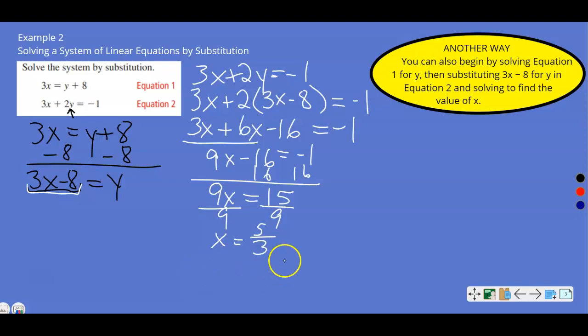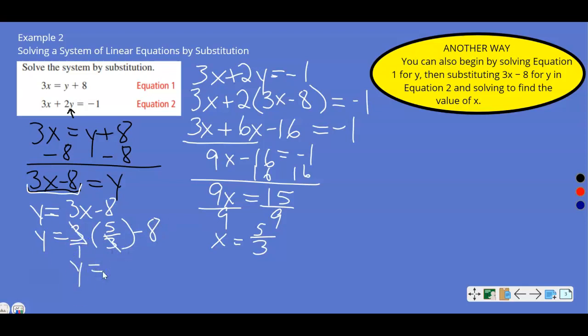All right, so now we have our x, so now we have to find y. We're going to plug x into one of these equations. Since we already solved this for y, that would be the simplest way to do it. So I'm going to flip this around and put y on the left side. So y equals 3x minus 8. So y equals 3 times 5/3 minus 8. That's the same as 3 over 1, which will reduce.